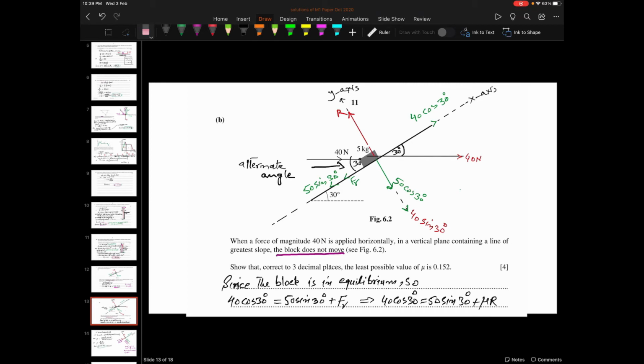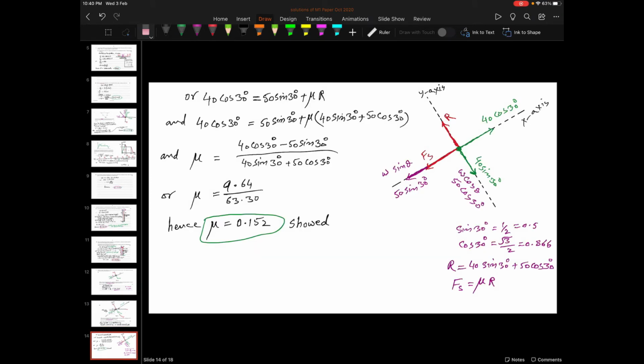Since the block is in equilibrium, 40 cos 30 degree is equal to 50 sin 30 degree plus Fr, the force of friction, or 40 cos 30 degree is equal to 50 sin 30 degree plus mu R, and 40 cos 30 degree is equal to 50 sin 30 degree plus mu into (40 sin 30 plus 50 cos 30), which is the value of normal contact force R.